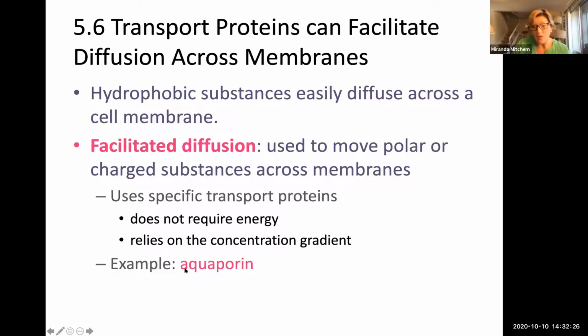It is the water pore. This is the facilitated diffusion channel that allows water to move rapidly across our membranes in or out of the cell. It allows it to osmoregulate. Some water does move by simple diffusion, but aquaporin allows for that process to happen quicker. And this protein, aquaporin, is specific for water.